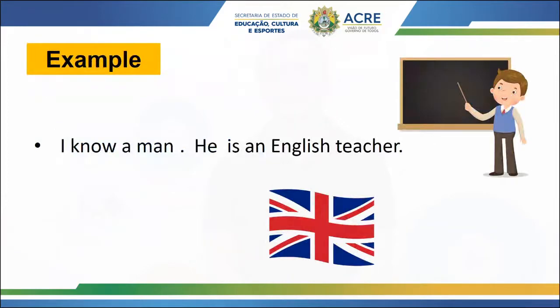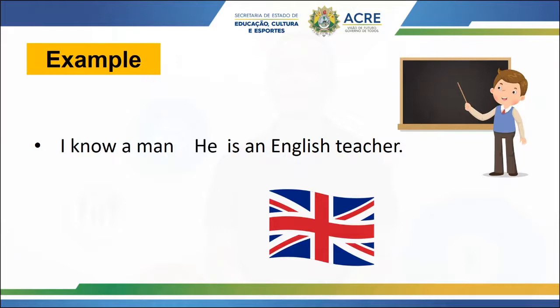All right, now we have 2 sentences, as an example. We have, I know a man, and we have, he is an English teacher, okay? How are we going to combine those sentences? Please pay attention that we had a period mark, and we don't need it anymore. So just exclude it, right?